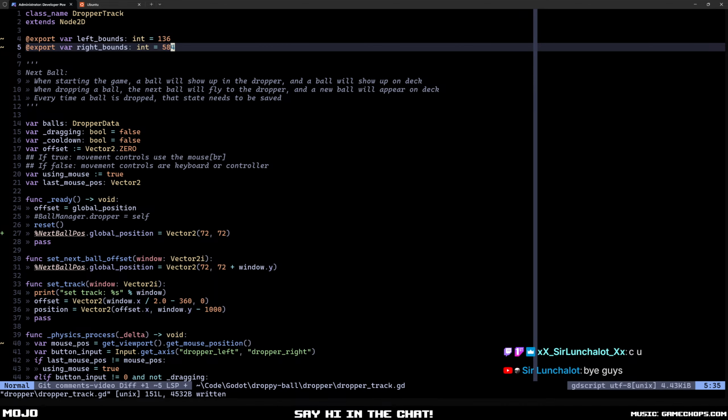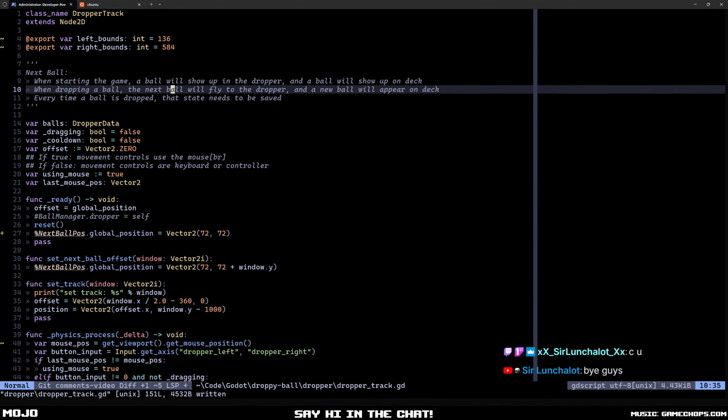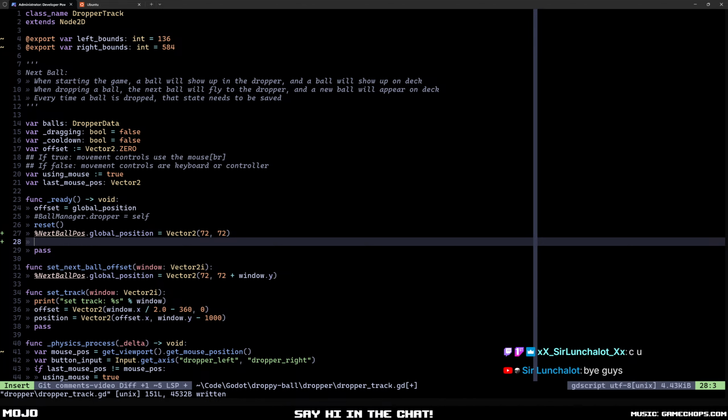And then I think the math is simply, on ready, left bounds equals one, actually divide equals 0.845. I think that's what it is.